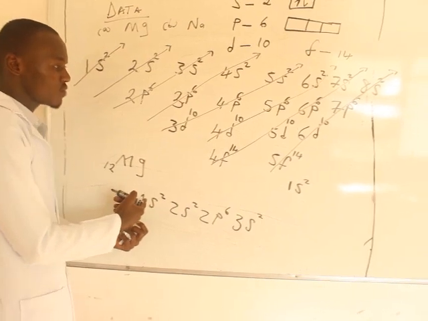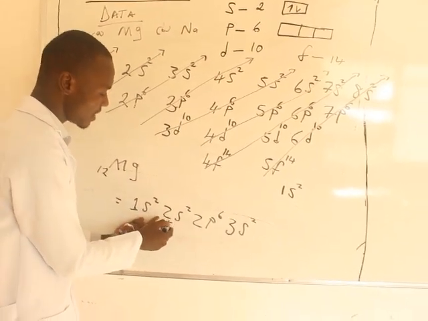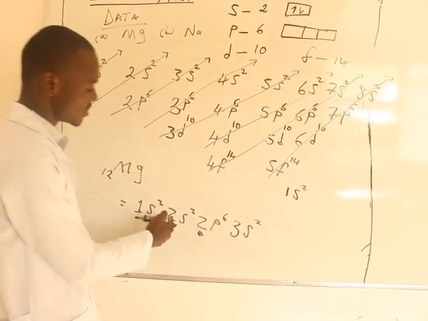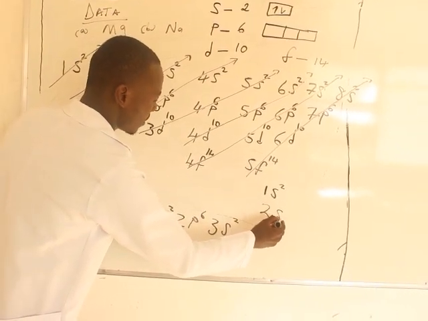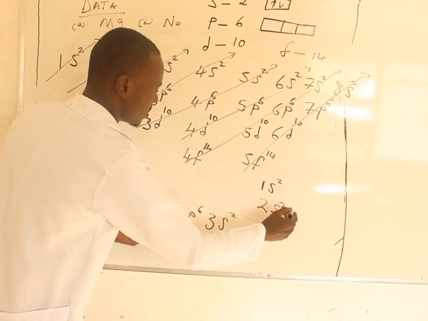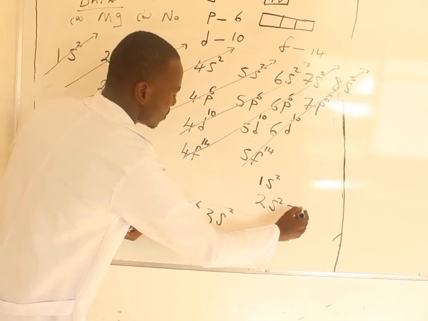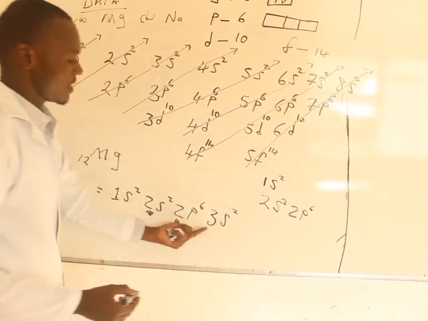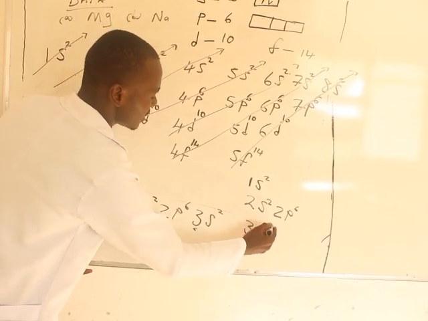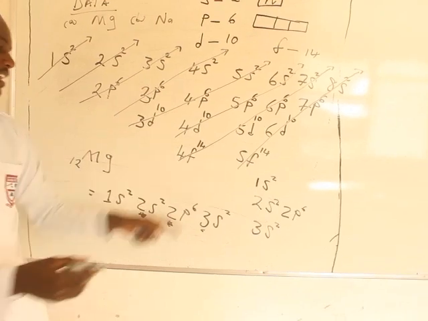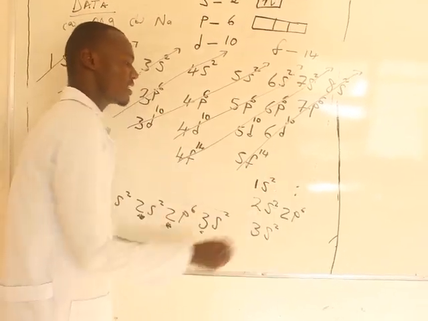So we have 1s2, then we have two similar coefficients, that's 2s2 and 2p6, so we'll group those. Then we also have 3 as the coefficient on its own. So this is 3s2.